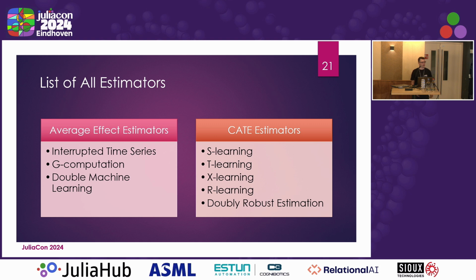There's G computation if you're familiar with the biostatistics literature, and with G computation, you can estimate both the average treatment effect or the average treatment effect of the treated, and of course, double machine learning, which we went over. And for CATE estimators, besides doubly robust estimation, which we just talked about, you can also do S learning, T learning, X learning, and R learning.